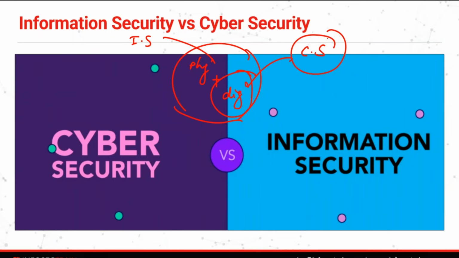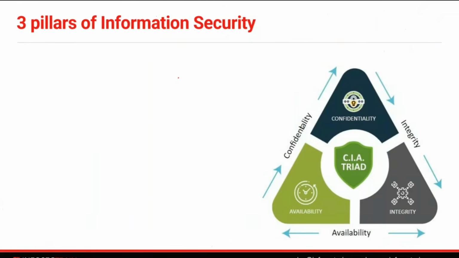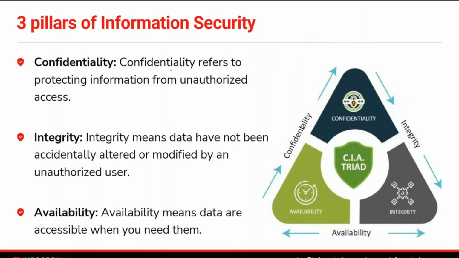It is a subset of information security that is only protecting your digital data from the human threats. Okay, so this is very, very important. What is cyber security? Protecting digital data from the internet. So before we jump into cybersecurity, we need to understand what is information security, guys.